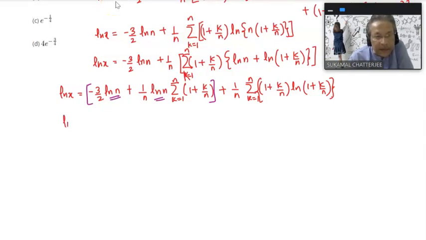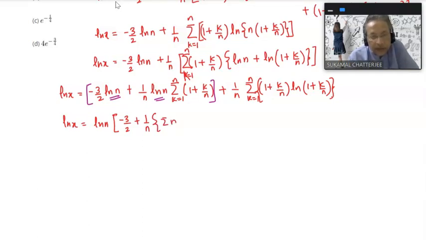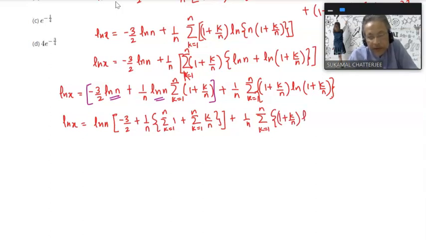So you can write ln x is equal to ln n times minus 3 by 2 plus 1 upon n, summation of 1, which essentially will become n, k equal to 1 to n, plus the summation of k equals 1 to n of k by n, plus 1 upon n times the summation of k equals 1 to n of 1 plus k by n times ln of 1 plus k by n.